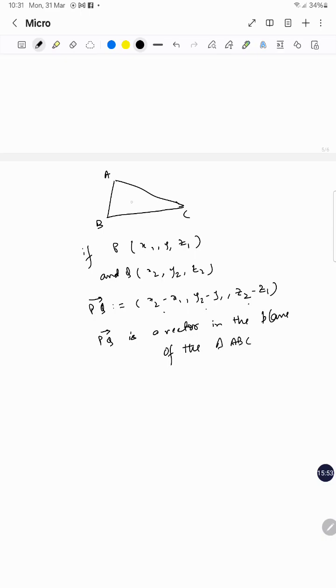And if the origin of the vector plane coincides with the circumcenter of the triangle ABC, then this can be written as A vector, and this is B vector, and this is C vector.